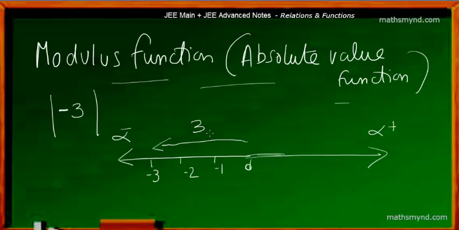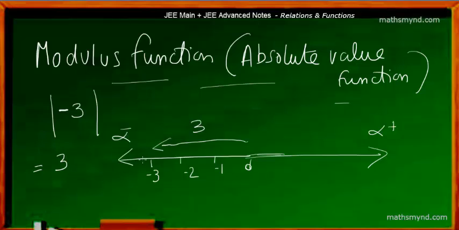You are just moving 3 units from 0, so you don't have to put the minus sign on 3. So that's the meaning of it. It simply means that the absolute value of -3 is actually 3.